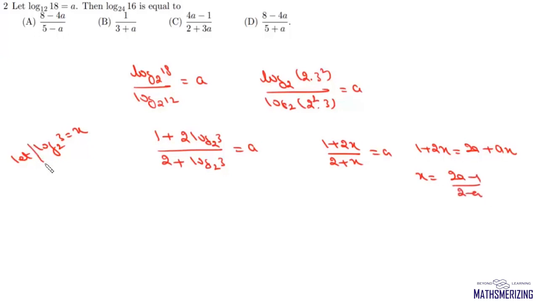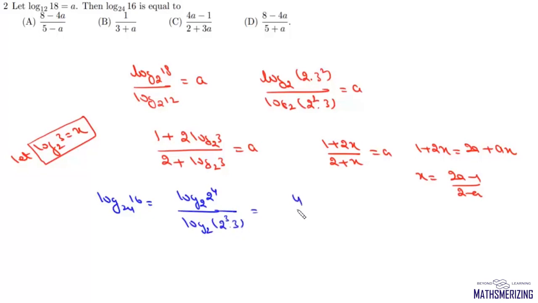So from here we have got the value of log 3 base 2. Now we need to simplify this expression, and this expression is log 16 to the base 24. Now we'll write this as log 2 to the power 4 base 2 upon log 2 cube into 3 base 2. Now this is simply 4, and this is 3 plus log 3 base 2, which is nothing but x.